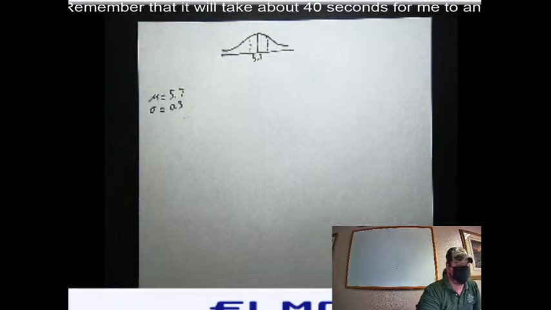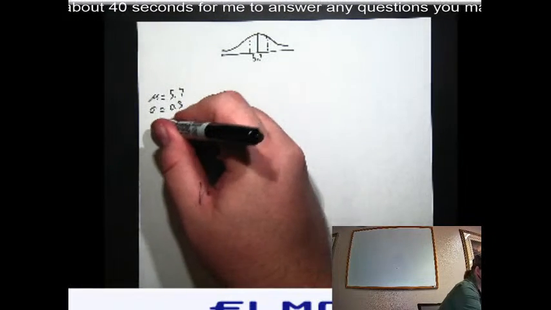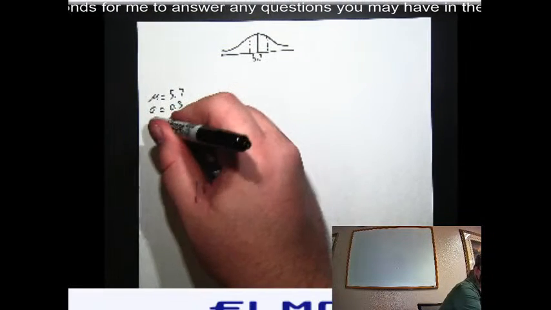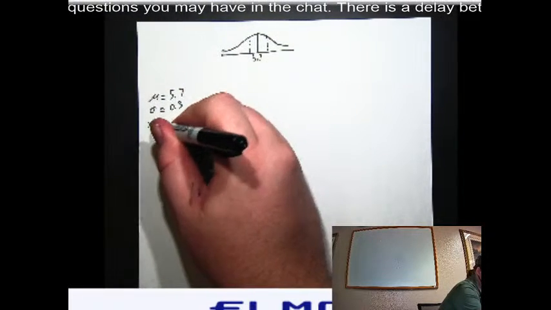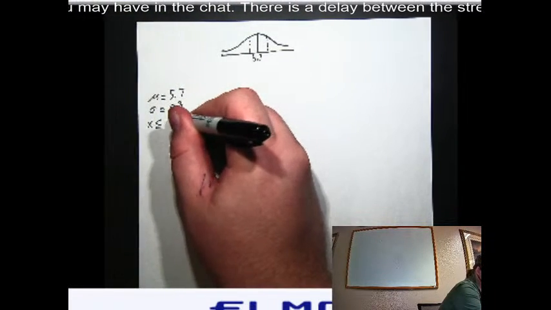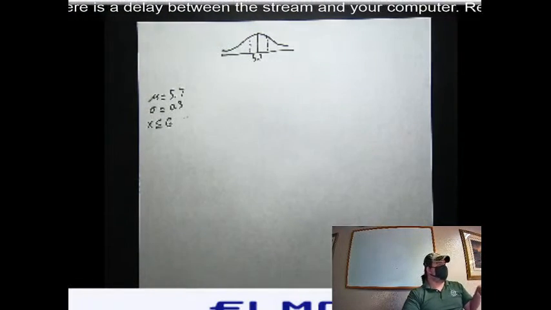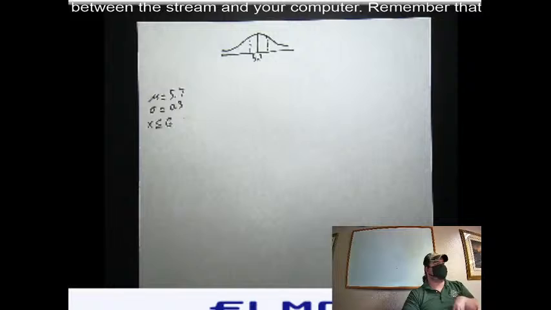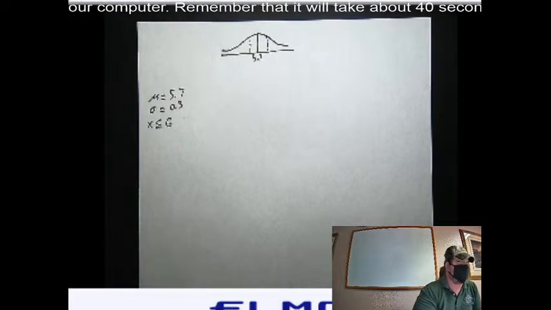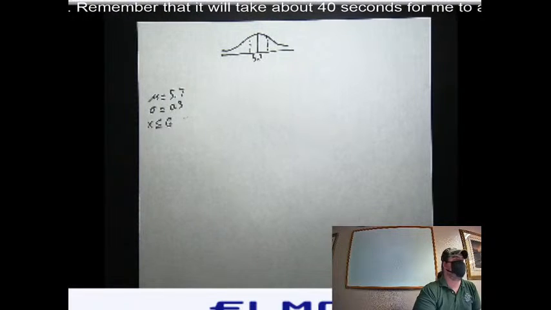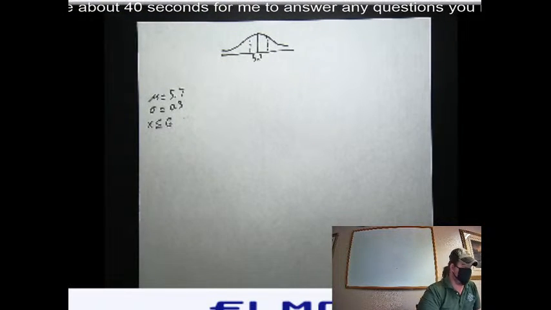Okay? Now, let's find the probability, or the percent of people that fall below or equal to 6 feet. So all the people that are 4 feet, 5 feet, 6 feet, and everything in between. All the different things that could be below 6 feet or equal to it. So basically we're just singling out the people that are not above 6 feet. Does that make sense? Okay.